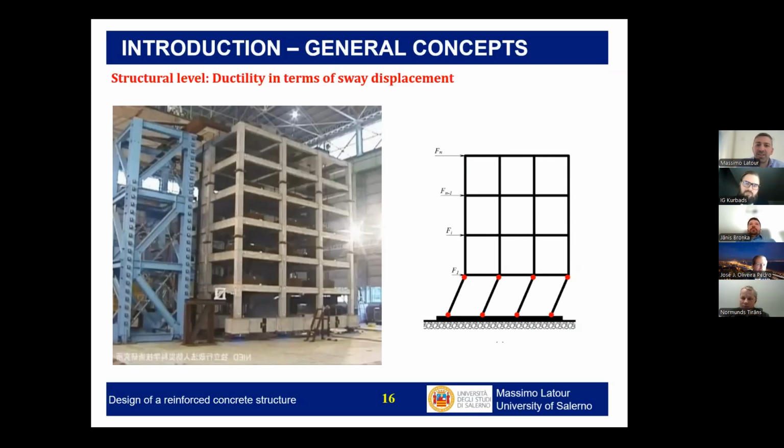So even if a little bit of ductility can be promoted in the slab, based on the new Eurocode there are some rules, but it will be very little, and mainly the damage will be concentrated in the column. So which is not the best for high seismicity areas, and this is why in the new Eurocode 8, this will not be allowed if you are in ductility class high, just in ductility class medium or low.